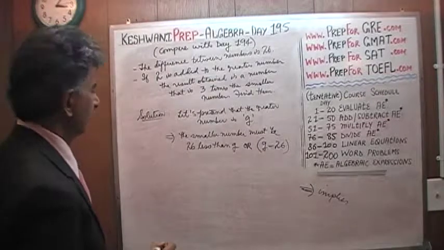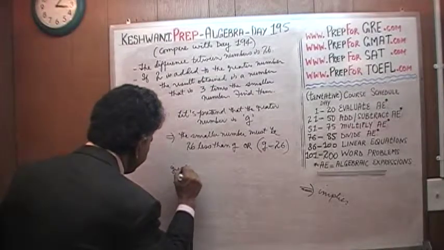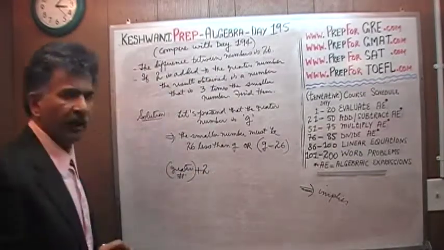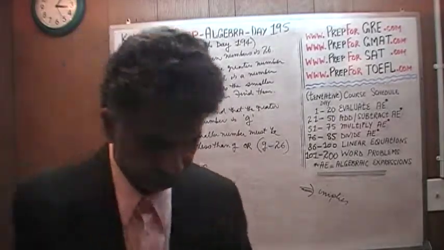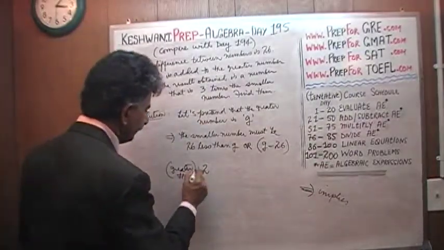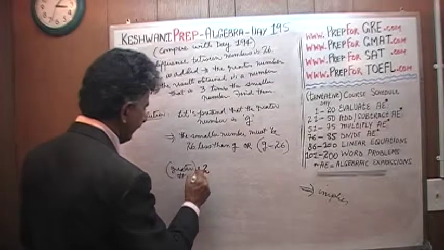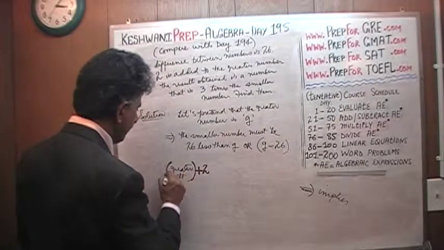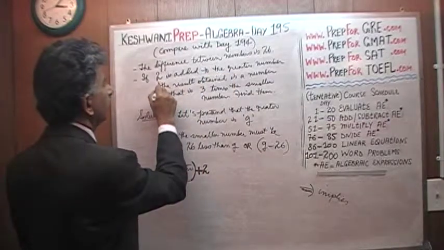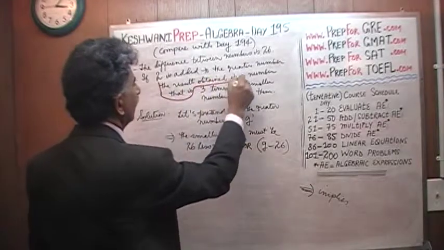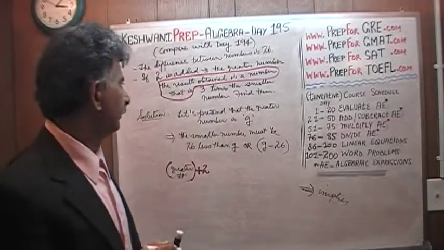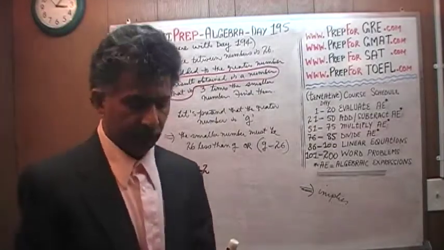If 2 is added to the greater number, so we take the greater number and we add 2 to it, what would happen if we were to add 2 to the greater number? If 2 is added to the greater number, the result obtained is a number that is, how do you translate all that in the language of algebra?